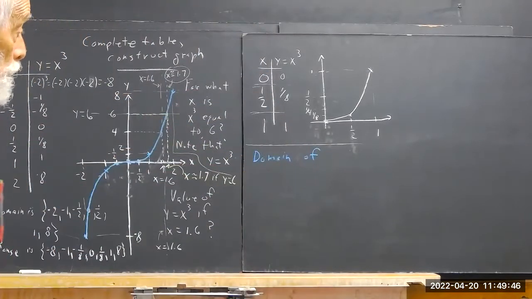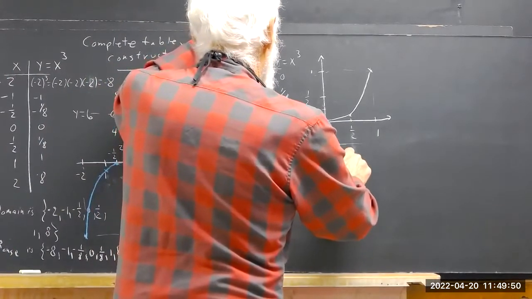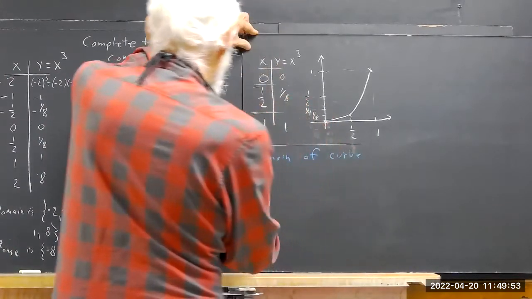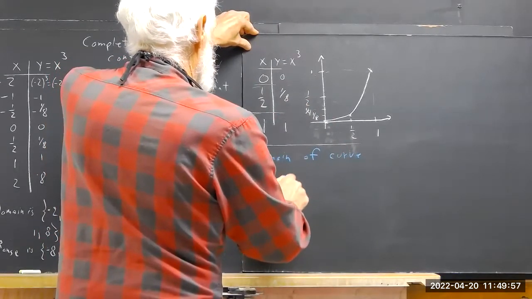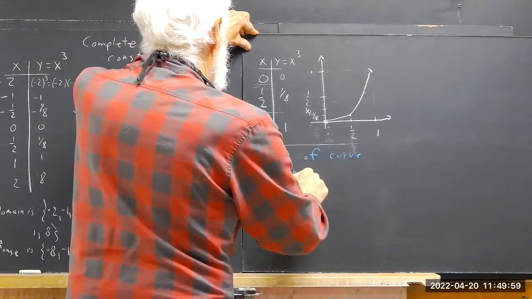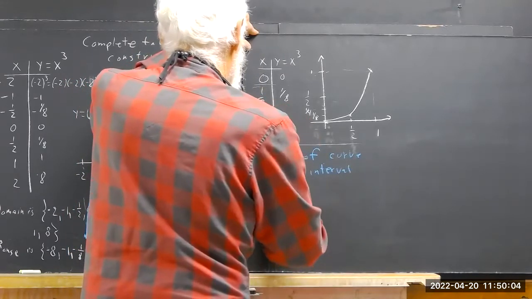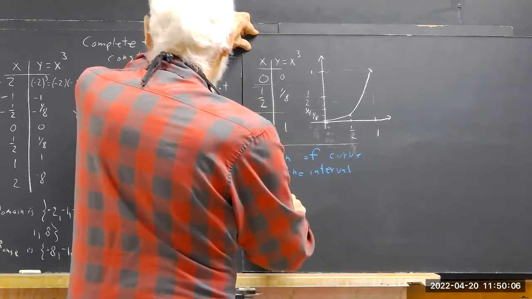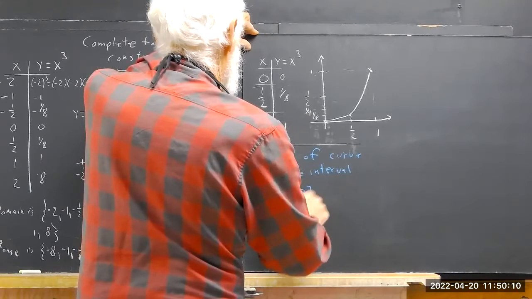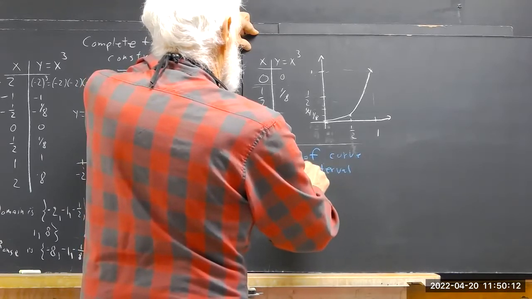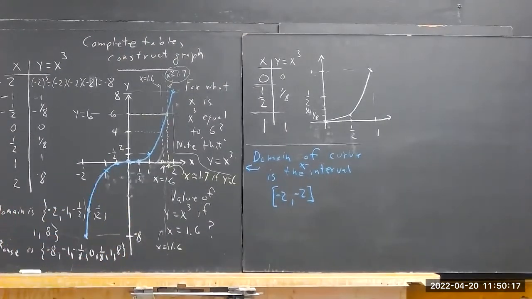Okay, the domain of the curve, and we're talking about the curve over here, is the interval from -2 to 2. And I should say the x interval, just to be sure that we understand this is an x interval, okay?